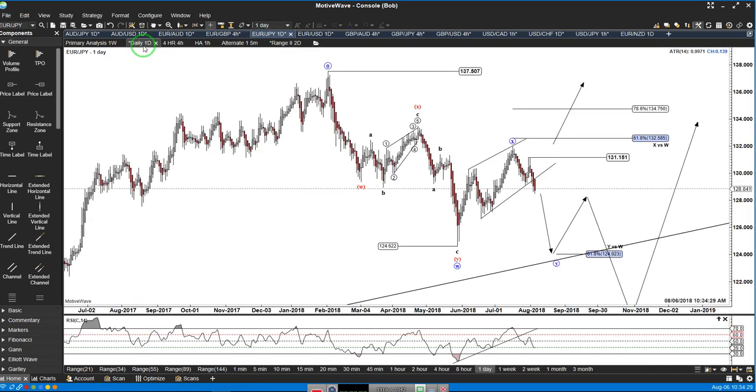Euro yen, you know, you got 3 down, you got 3 up, you got 3 back down, and right now I'm looking at, as long as we hold below 31.15, I'm going to look for 24 at least. So that would give us 1, 2, 3. 3 up would be 4.